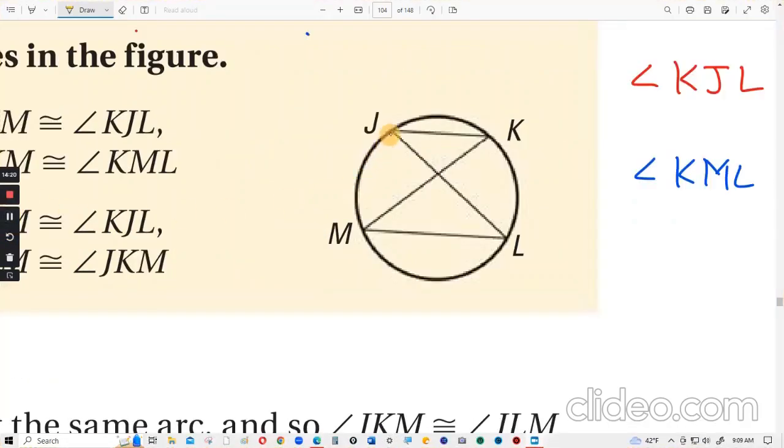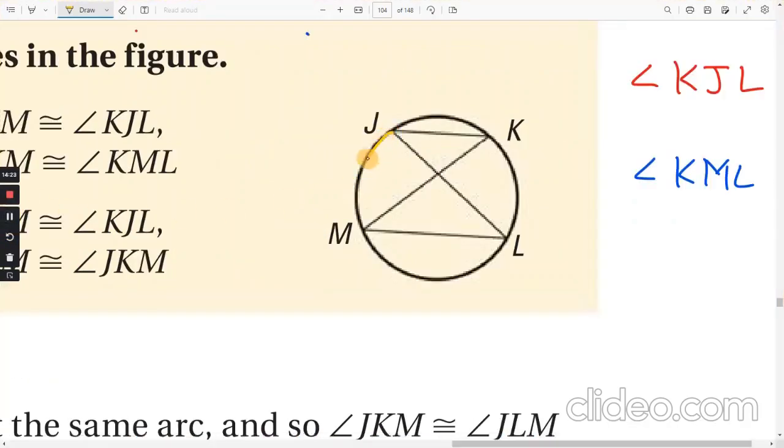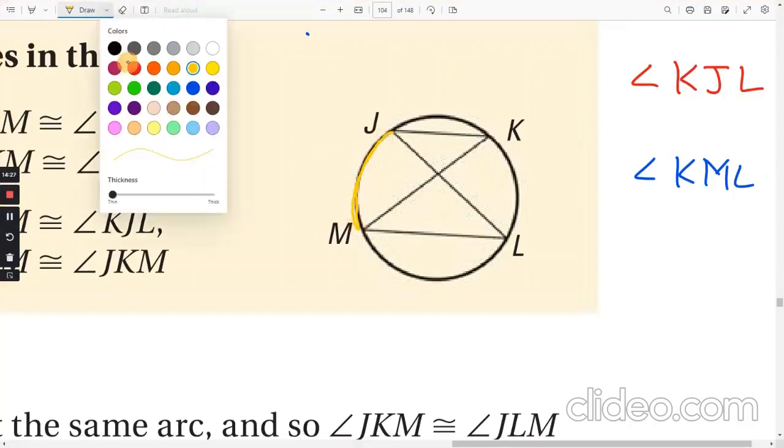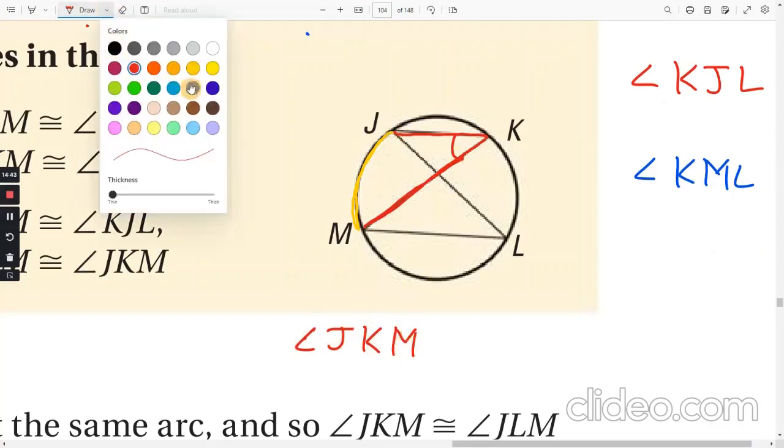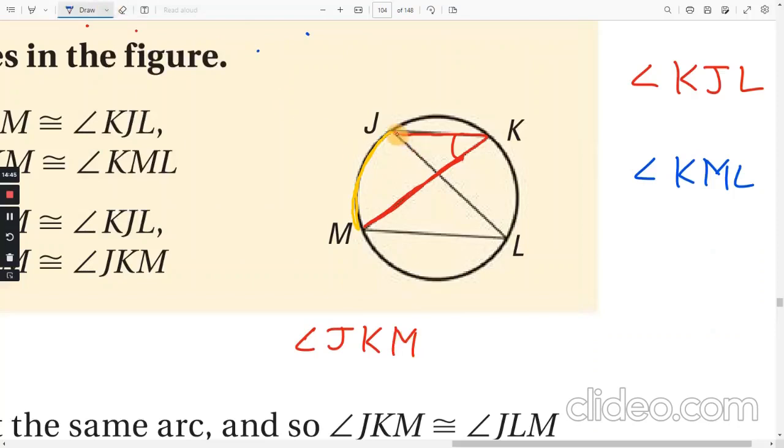On the other side we have this arc right here. And if you look at the angles, this angle right here is JKM. And then in blue, we have this angle right here.